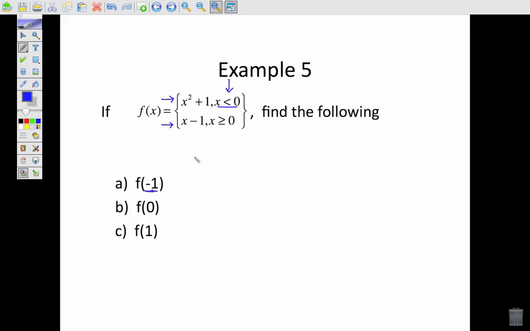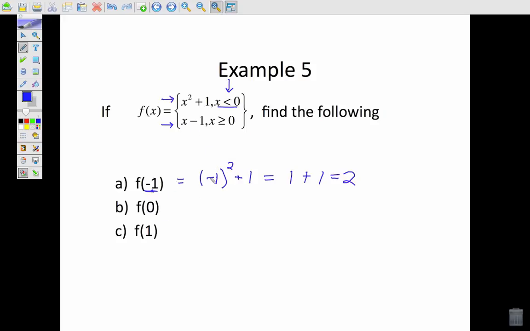So you're going to substitute into the first expression. -1 squared plus 1. 1 plus 1 is 2. Answer's 2. You only put it into the specific piece that the domain exists for that number.